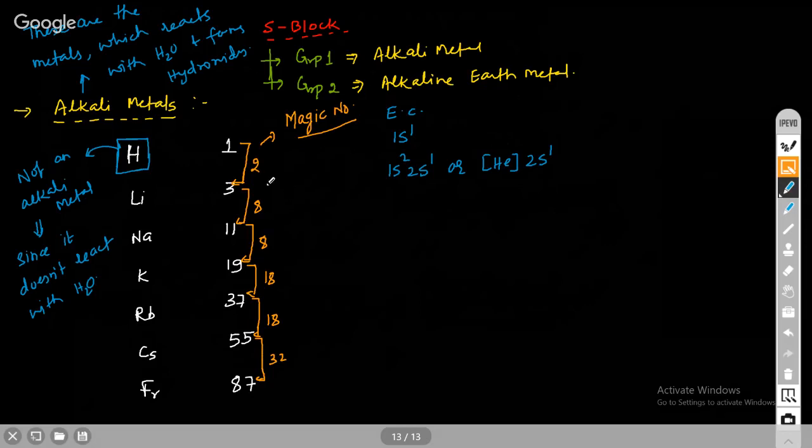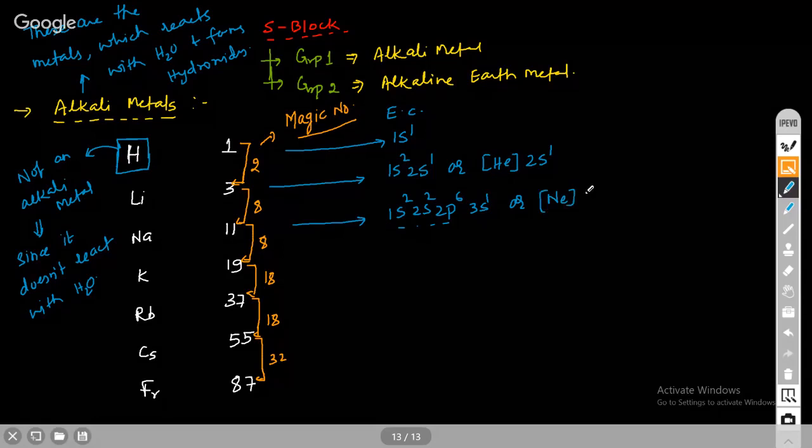Similarly for sodium, it is 1s2, 2s2, 2p6, 3s1. This part is the configuration of neon, so we can write it as neon and then 3s1.